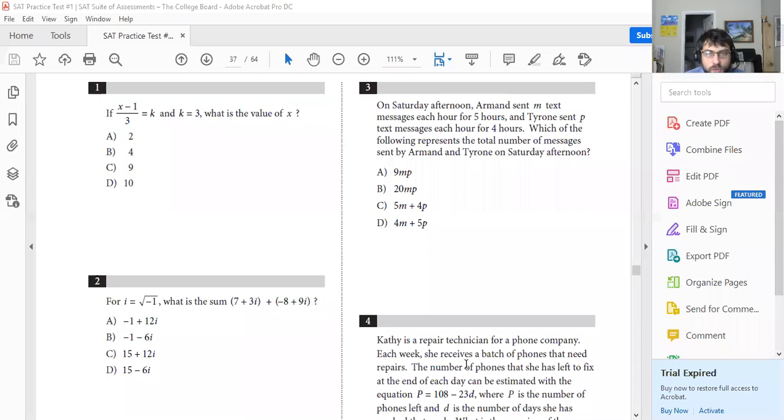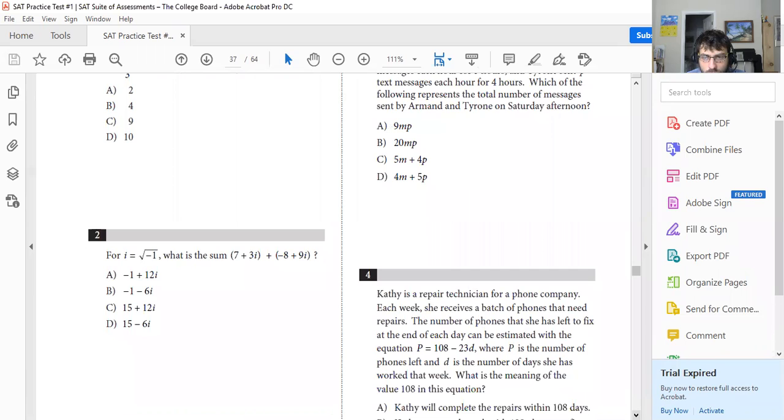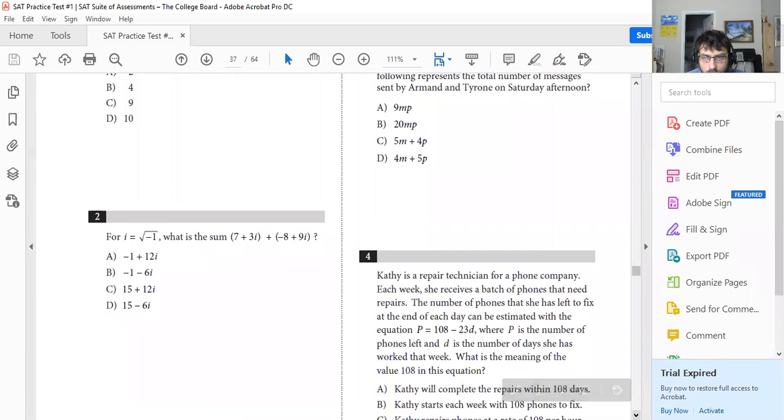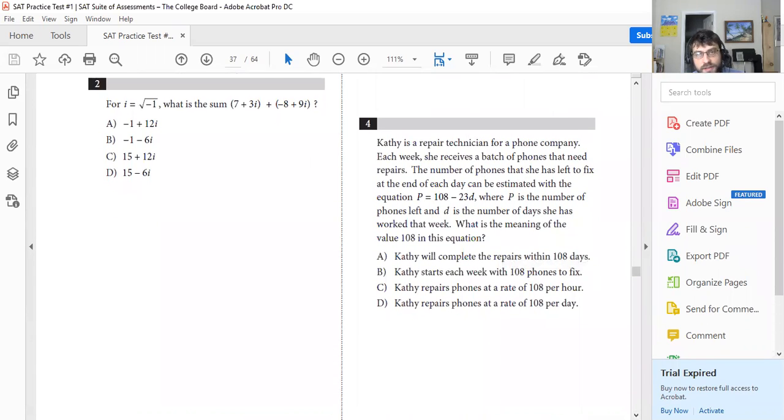We have number 4. Kathy is a repair technician for a phone company. Each week she receives a batch of phones that need repairs. The number of phones that she has left to fix at the end of each day can be estimated with the equation 108 minus 23D, where P is the number of phones left.